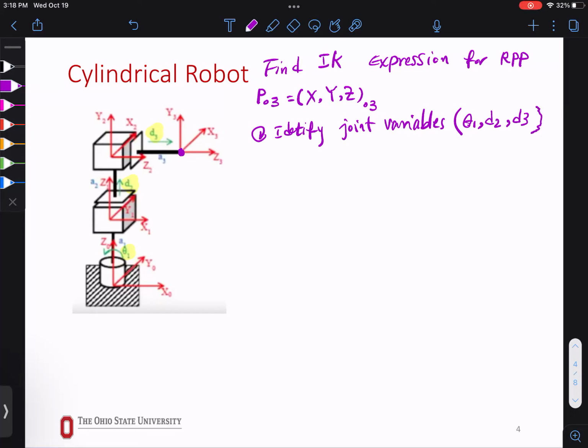The goal is to find an expression that can solve for the joint variables. So if I call this Q, my goal is to solve for Q. I'm going to start from the X0, Y0 plane.